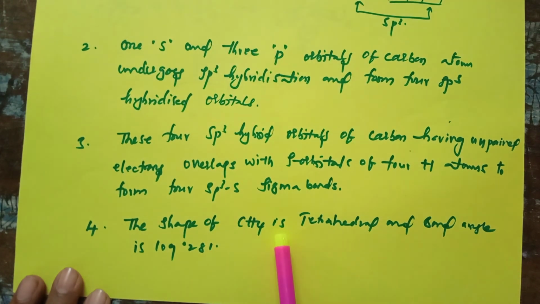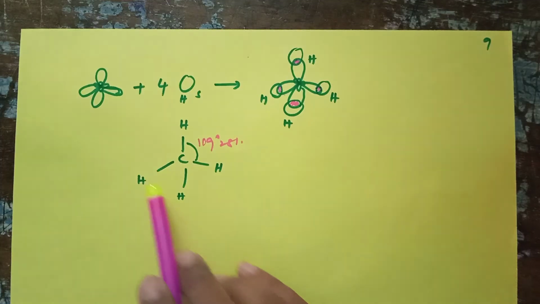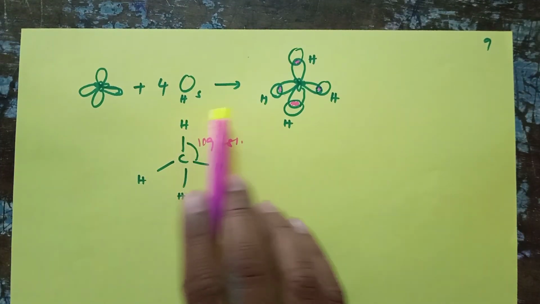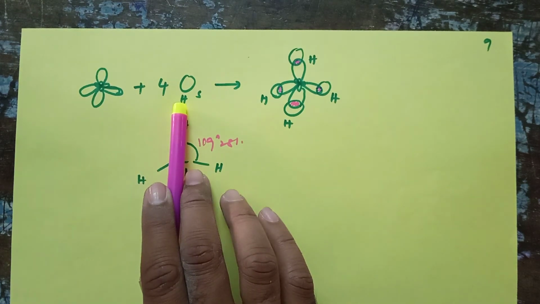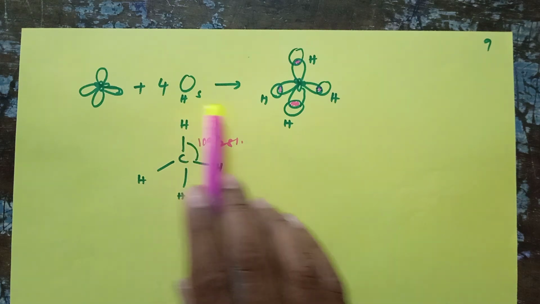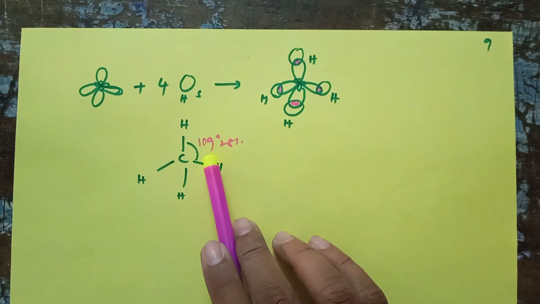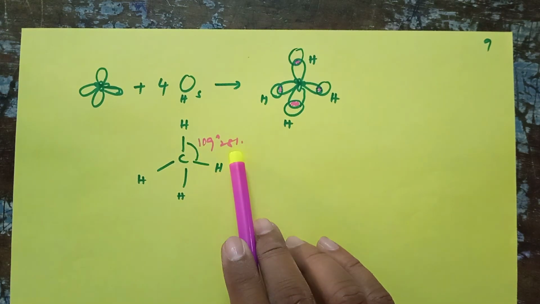The shape of CH4 is tetrahedral and the bond angle is 109 degrees 28 minutes. The four hybrid orbitals overlapping with four hydrogen atoms form the tetrahedral structure with a bond angle of 109 degrees 28 minutes.